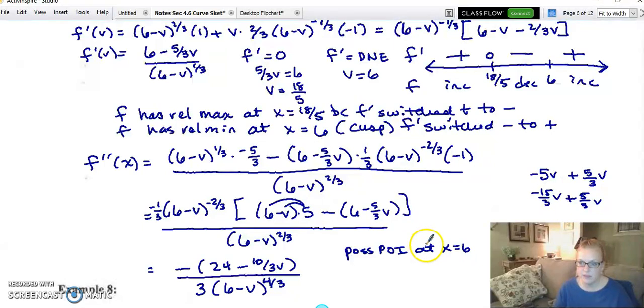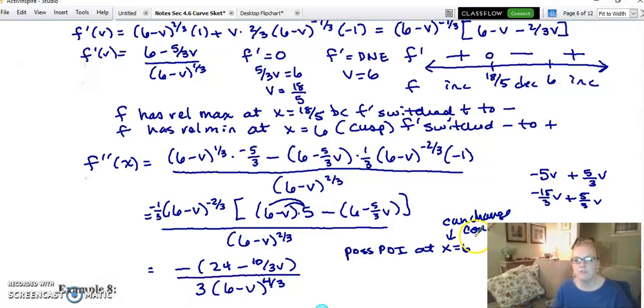So I'm going to throw that out there to be careful. Technically this is not a possible POI. You can change concavity here, but it cannot be a point of inflection. So we're going to make sure we put that in.